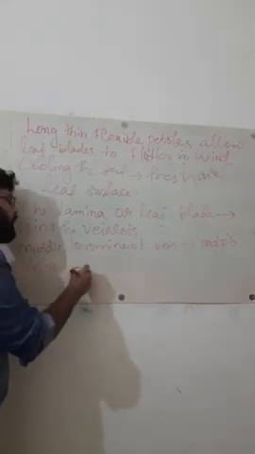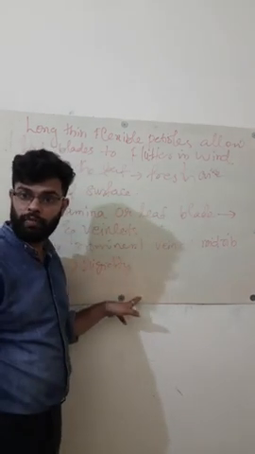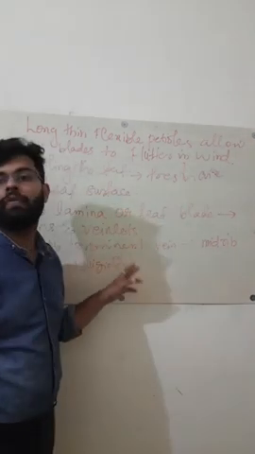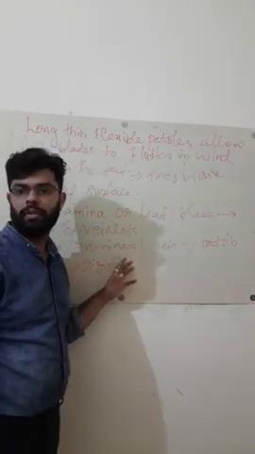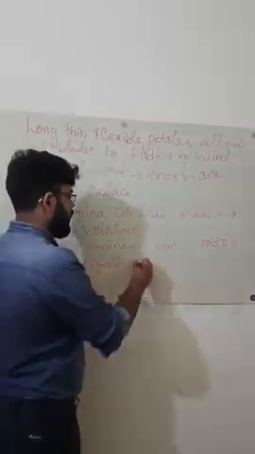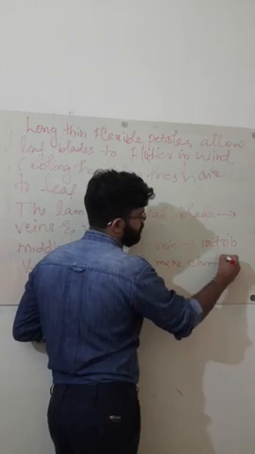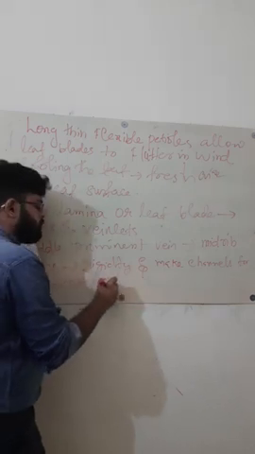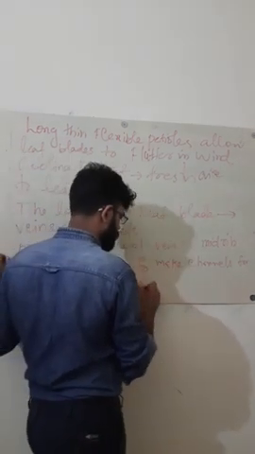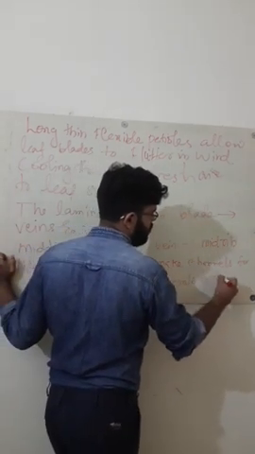Veins provide rigidity to the leaf blade and act as channels for transport of water, minerals and food materials.